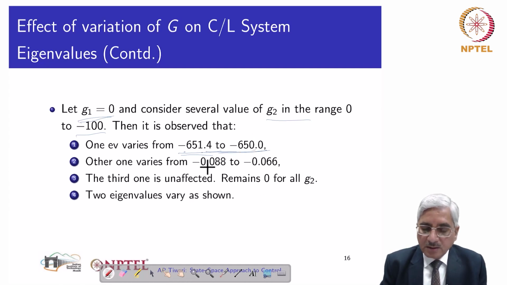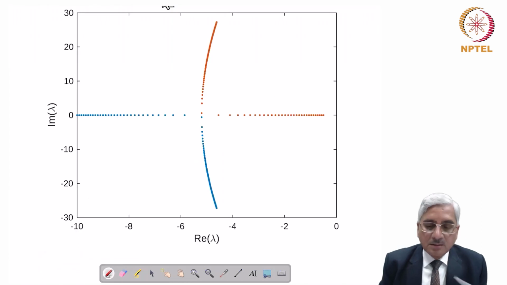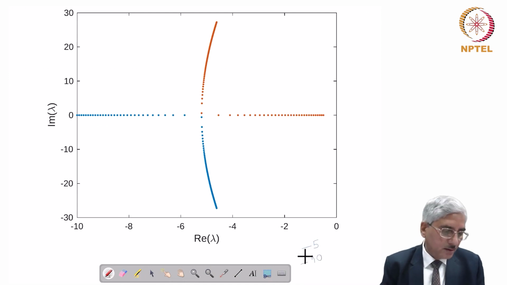The one close to the origin is probably varying. This one eigenvalue remains 0 all the time, and the two eigenvalues that in the open loop were at minus 0.5 and minus 10 behave like this.